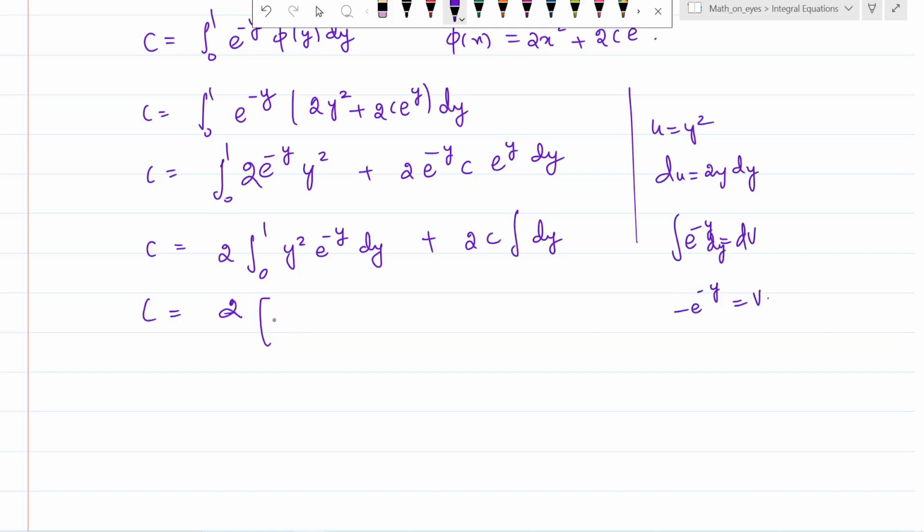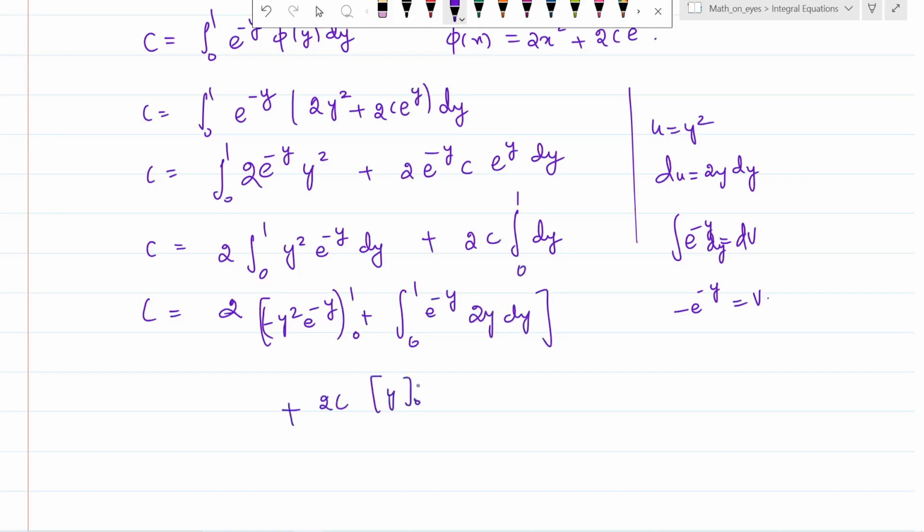It is uv minus integral v du. U is y squared, v is minus e to the power minus y, so uv minus integral v du, or v is minus e power minus y, so plus e to the power minus y into du, which is 2y dy. This limit is also from 0 to 1, right? So plus 2c y from 0 to 1.